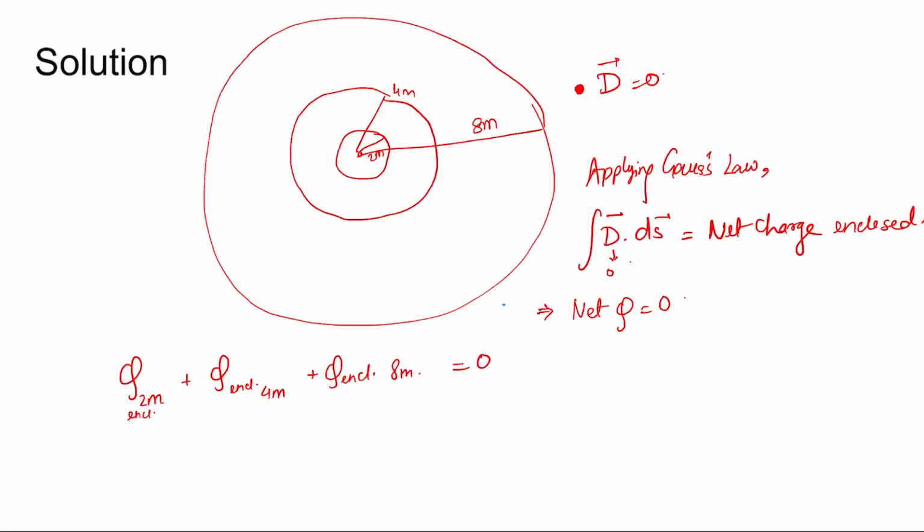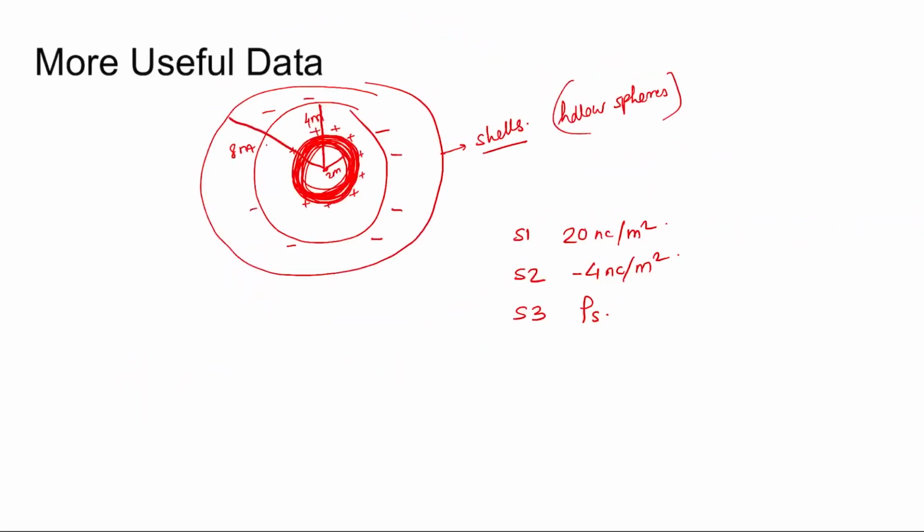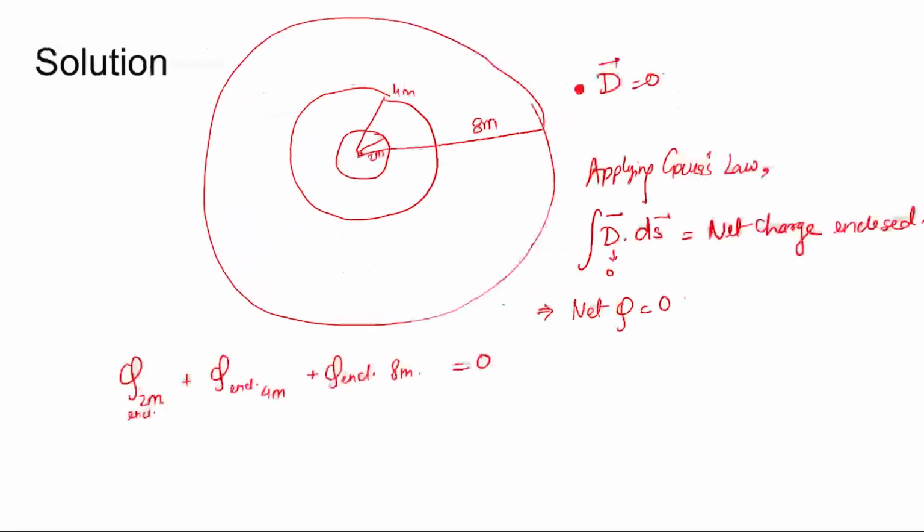Now how do you find the charge enclosed for this? The data is given that for sphere 1, 20 nanocoulomb per meter square, into the area of a sphere, which is 4 pi r square.